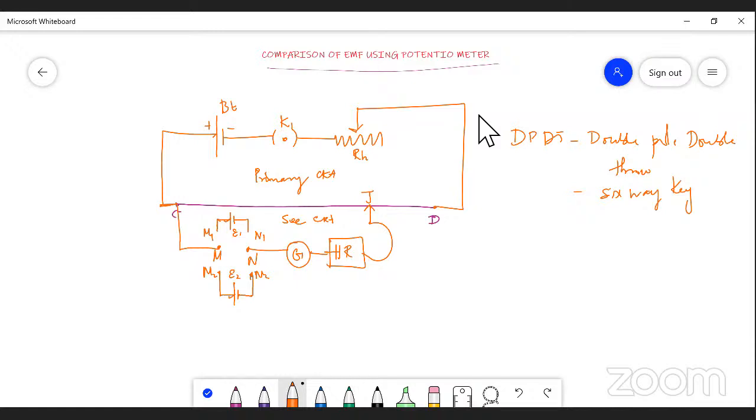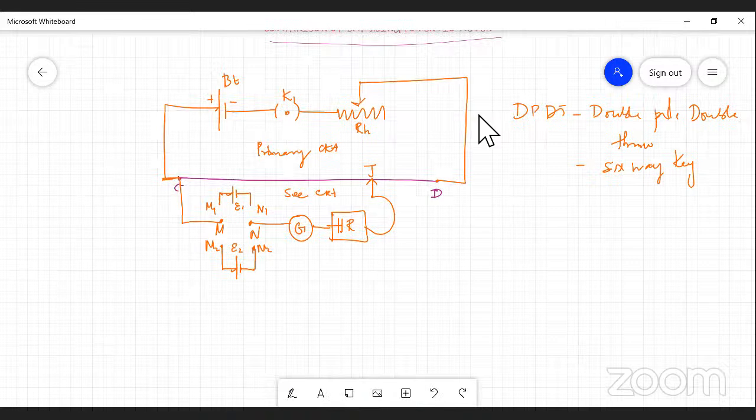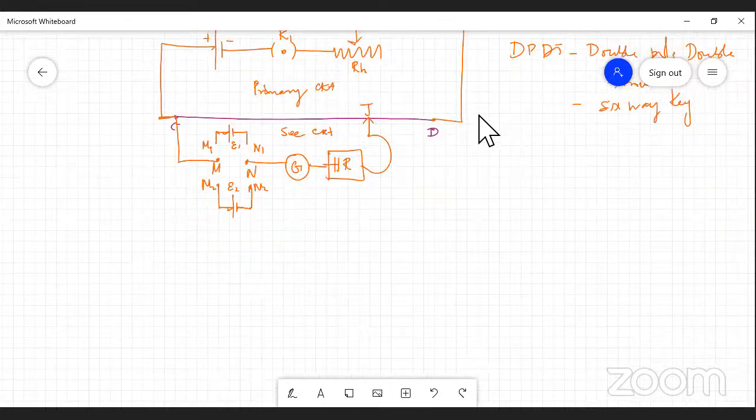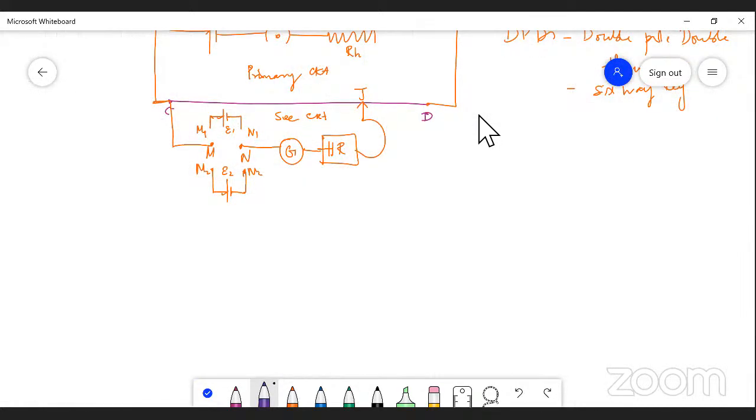what we have to do in this particular case is put the six-way key over the terminals M1, N1. So the terminal M1, N1 is now connected.